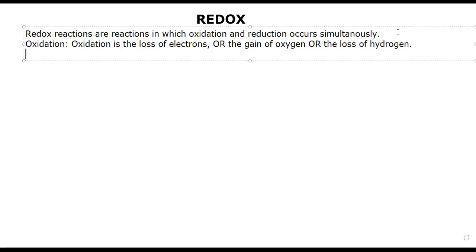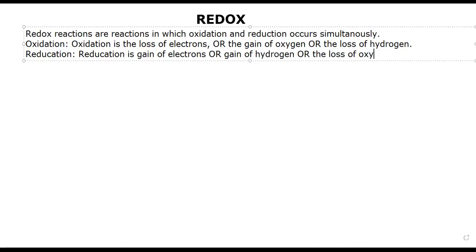On the other hand, when we talk about reduction, what is reduction? Again, we probably know the definition quite well. Reduction is gain of electrons, or gain of hydrogen, or the loss of oxygen.